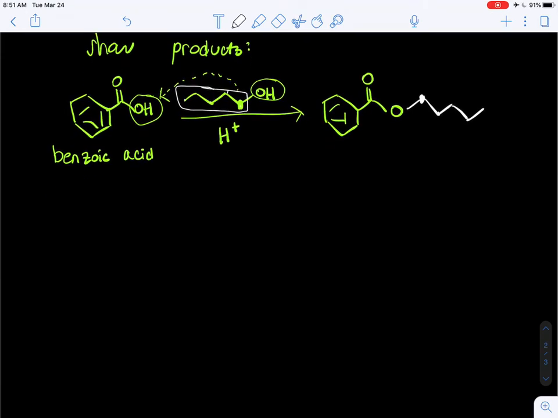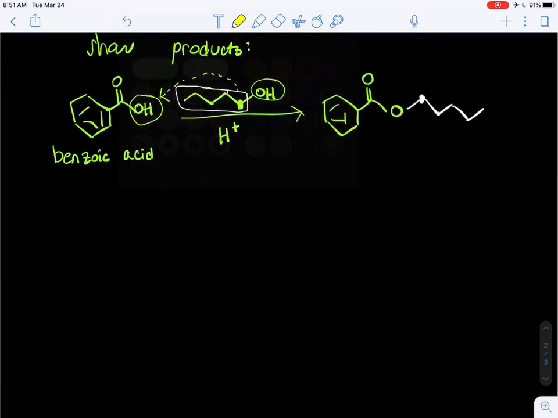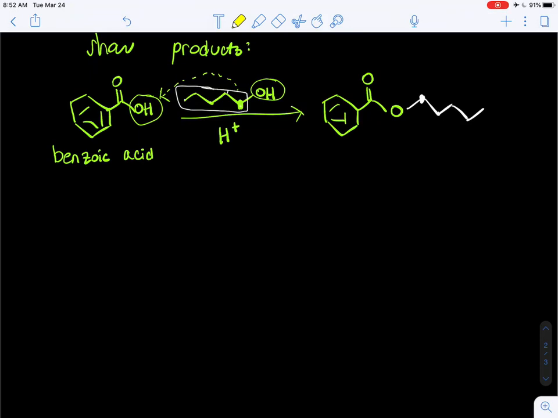Let's do another one. Sometimes your alcohol might be quite complicated looking, and your carboxylic acid might be quite simple and more easy to draw above the reaction arrow.